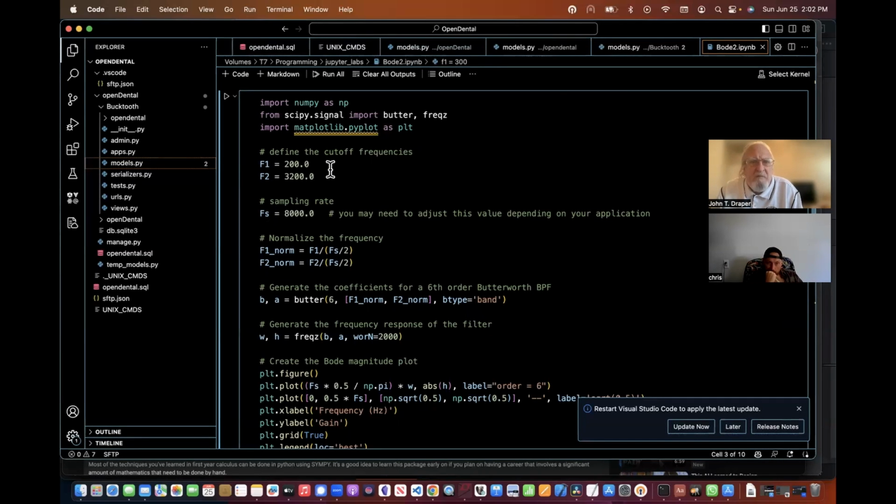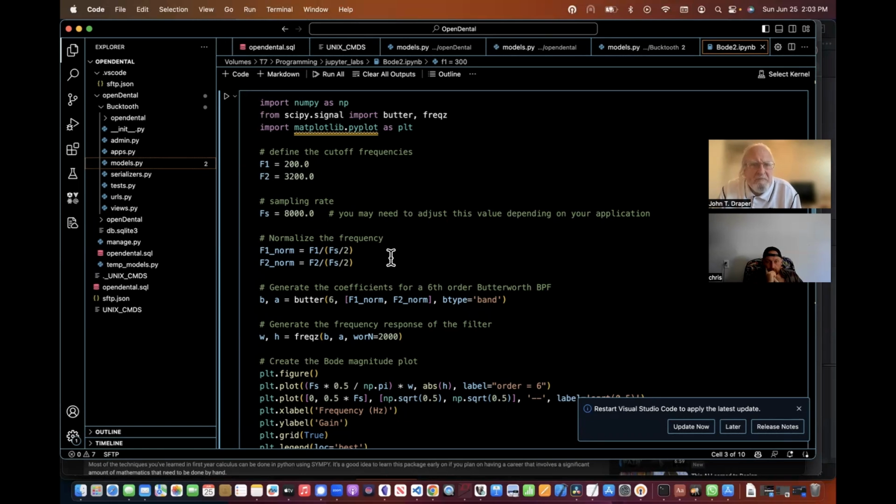So here we are. We have the 2 frequencies, F1 and F2. We're going from 200 hertz to 3200 hertz, a band pass filter. We're using an 8,000 value for the sample rate. Now, sample rate is normally not used in a formula like this, but you're going to be using it to normalize the frequency of F1 norm and F2 norm. That's what the sample rate, FS, is for.